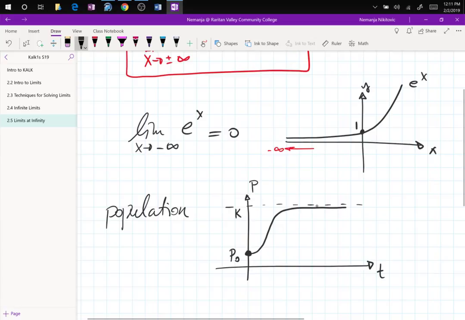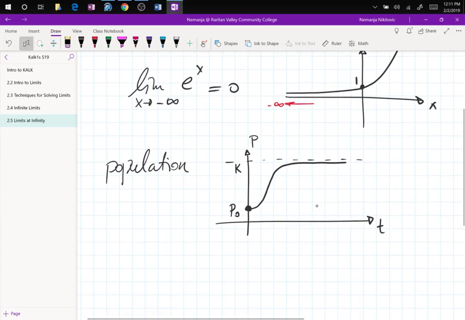So if you look at this particular graph, the limit of P of t, which is a function, as t goes to infinity, is going to be K. K stands for carrying capacity.